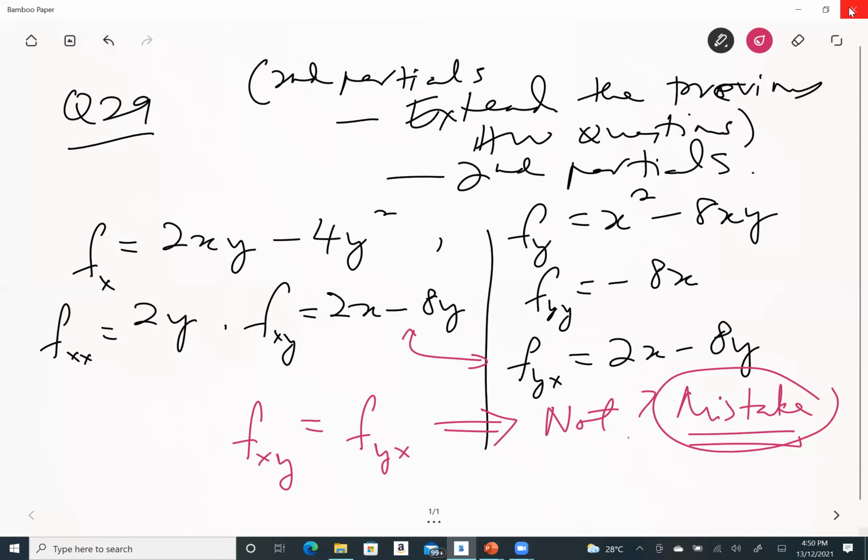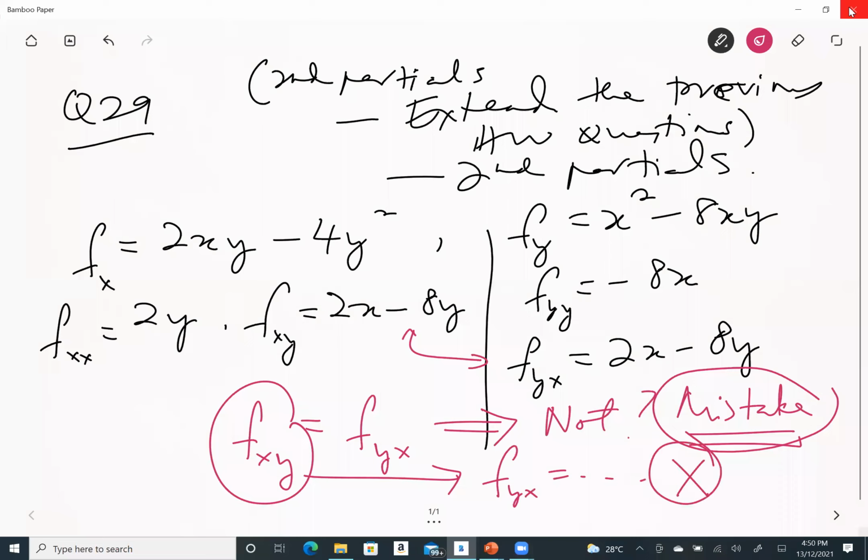But we don't take advantage of this now. You don't get fxy and then skip finding fyx by just making it the same thing. Don't do that, that is wrong. You have to work it out to show that they are in fact the same.